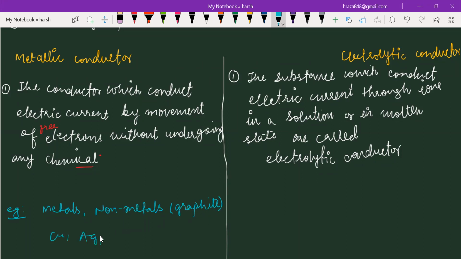Copper, Ag, Fe, aluminium, etc. And here we can write basically NH3, ammonia, NaCl, H2SO4, HNO3, NaOH, HCl, etc. Please write.